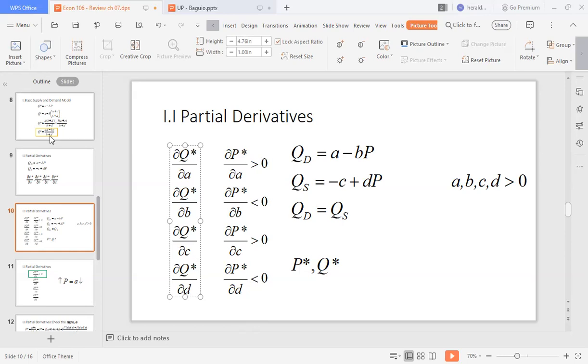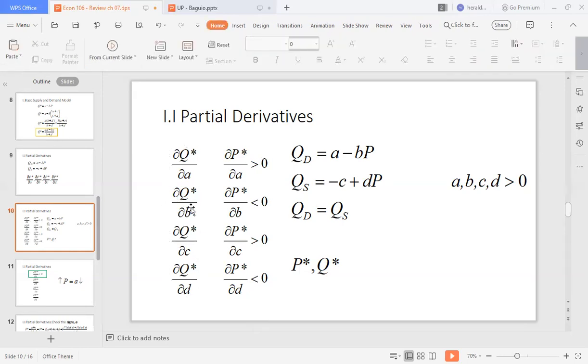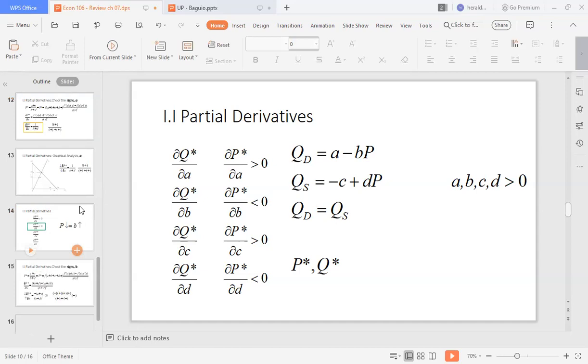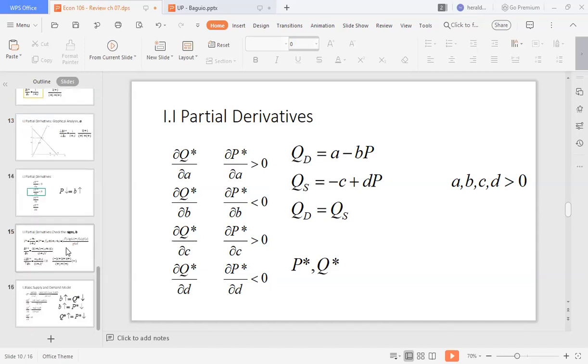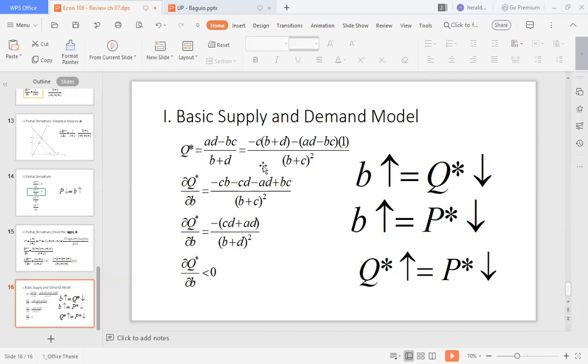Let's do this one here, partial Q, partial B, just to compare our answers, since this was our exercise earlier in my class. So let me just show that one already. Okay, so we did the same exercise with my other class for Q star.